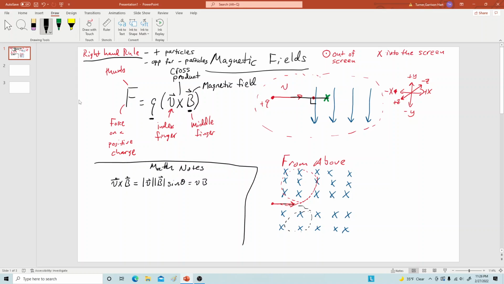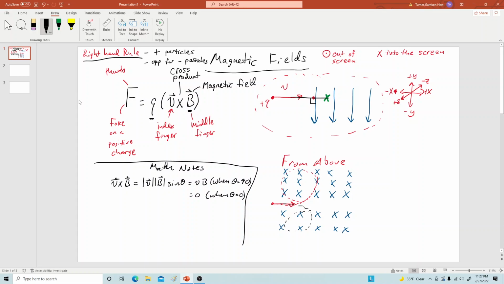But when you don't have a right angle, oh, and if the vectors are parallel or anti-parallel, then the sine of theta just goes to 0 and the whole thing goes away, right? So this is when theta equals 90, and it equals 0 when theta equals 0.